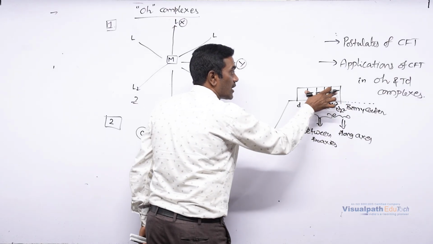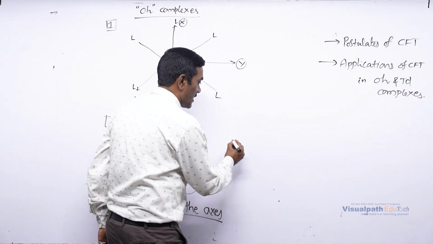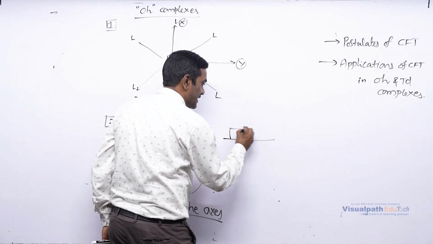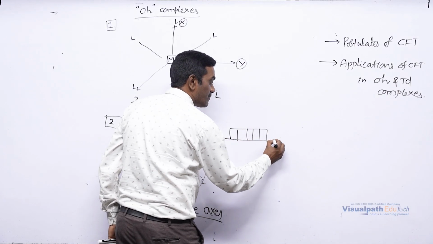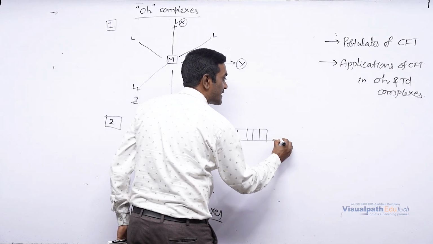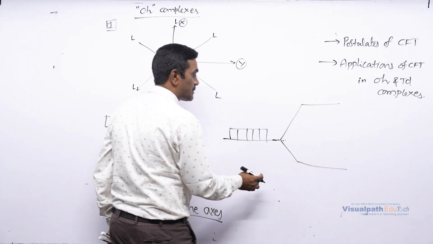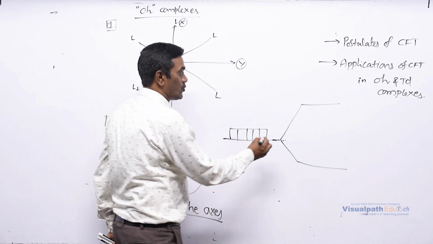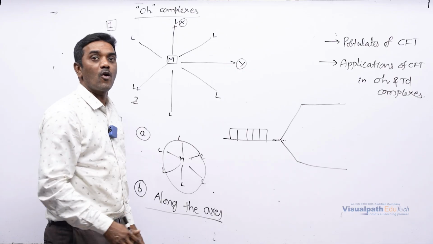I am going to continue this image from here. Once it reaches the barycenter, I am considering this as the barycenter. Already the energy is raised. From this, it will split into 2. It will split into 2 because the ligands are approaching the metal ion along the axis.